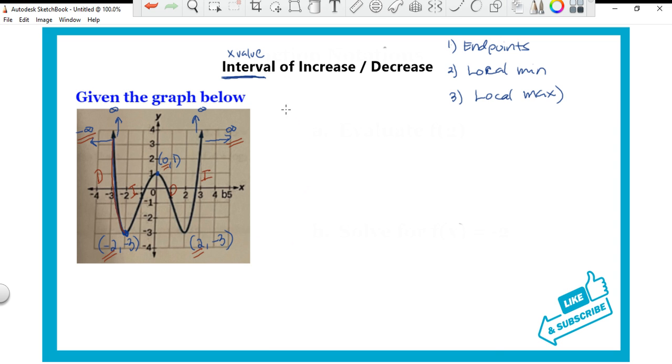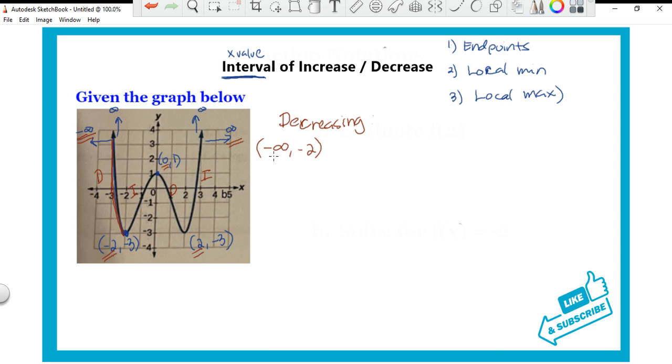Next, we will list all the decreasing intervals. What are the x components? This part right here, you have that x to that x. So you have negative infinity to -2, and I'm going to put that in parentheses.